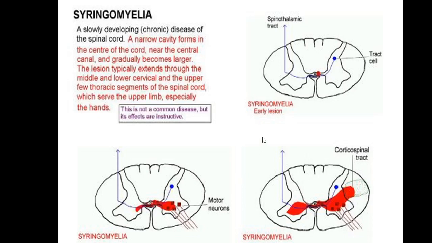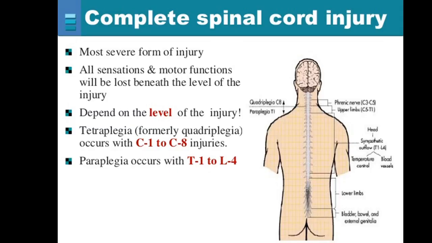So you can see the small cavity, it extends to the periphery and involves the motor and the sensory tracts. And symptoms are according to the involvement of the tract.